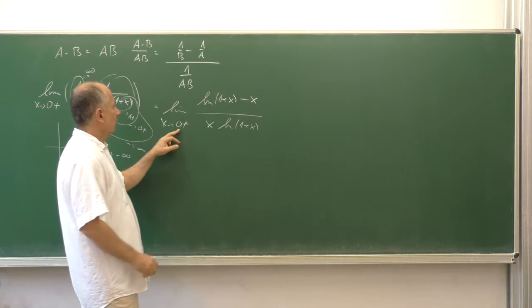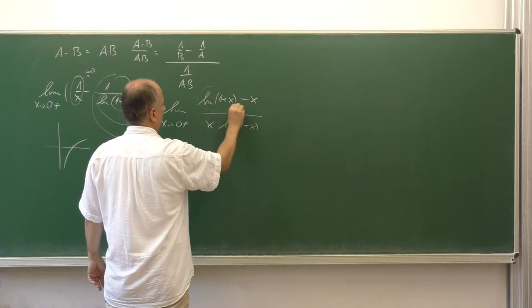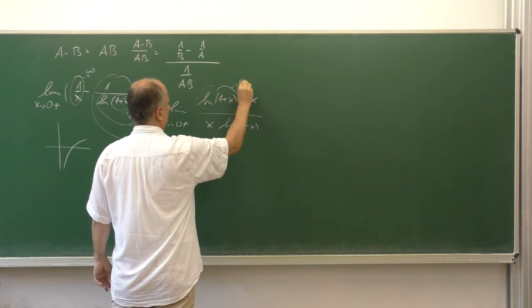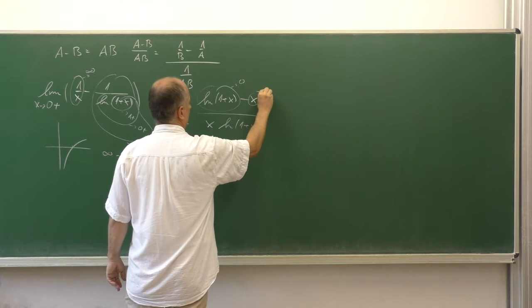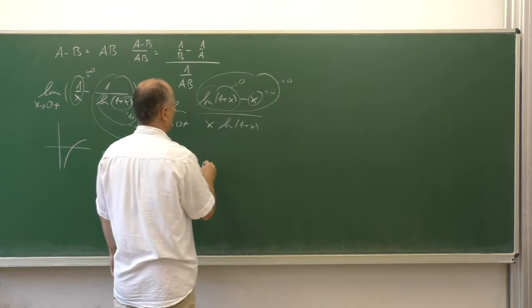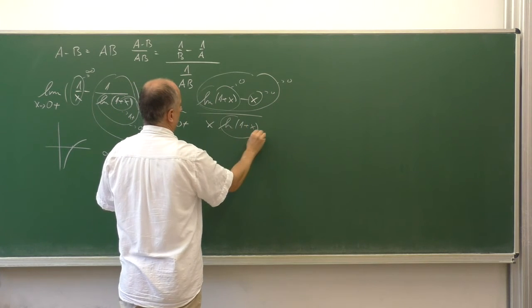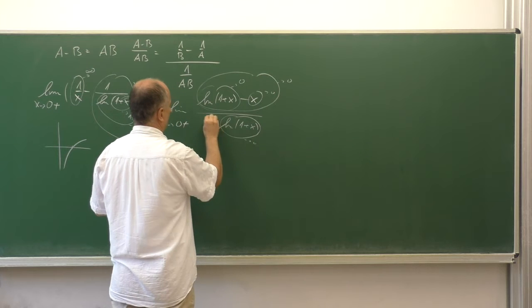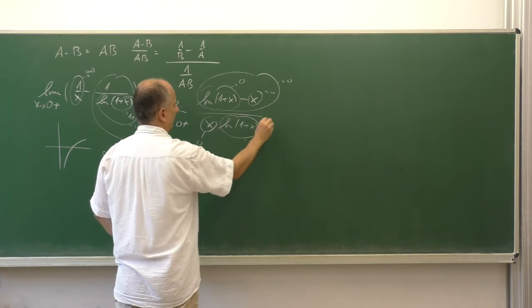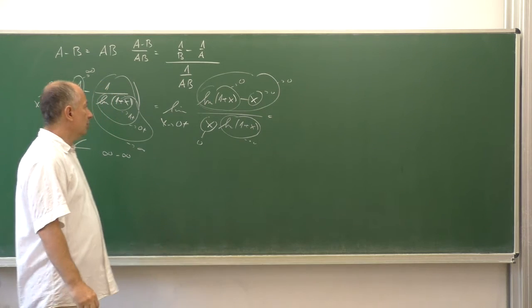And now when x goes to 0, this bracket goes to 1, logarithm of 1 is 0, this is also 0, so the numerator goes to 0, and here this whole logarithm goes to 0, this goes to 0, and we have 0 divided by 0, so we can try L'Hopital's rule.